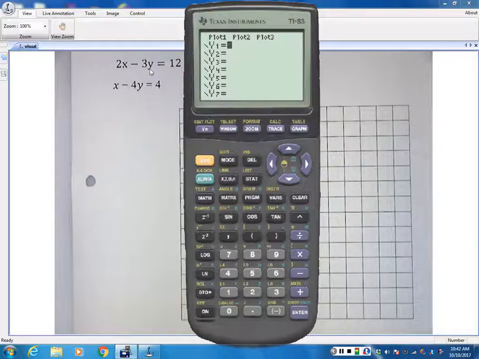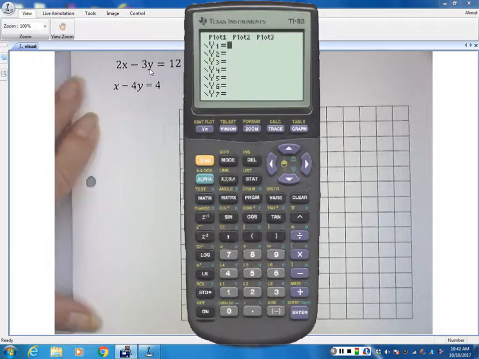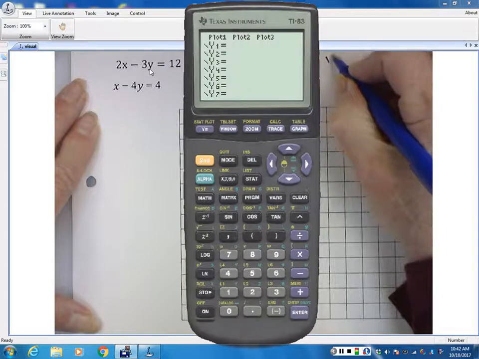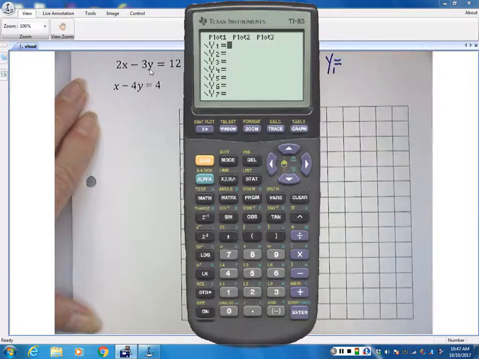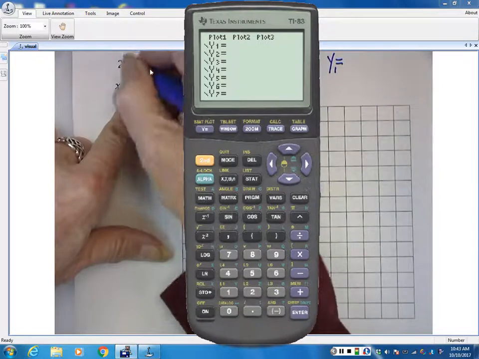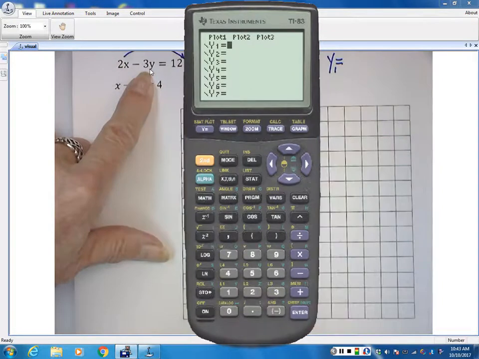Since we want to solve 2x minus 3y equals 12 for y in order to be able to put it into the calculator, I'm going to put it in as y equals, and this is going to be at y1, and I want basically this 2x to go over here with 12. So I'm going to subtract it from both sides.